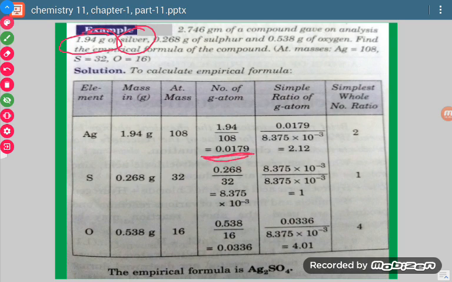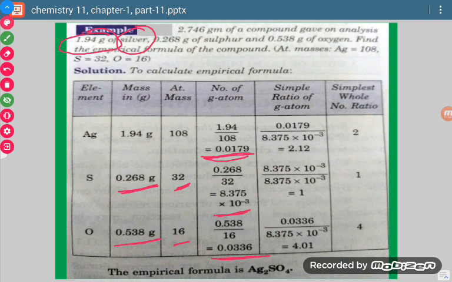That number will be 0.0179. Similarly, for sulfur we will do in the same way. It will be this much. Similarly, for oxygen it will be this much.